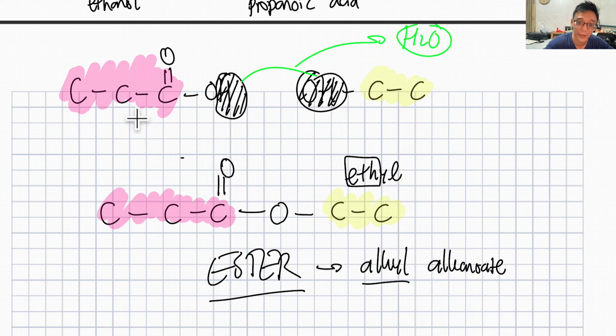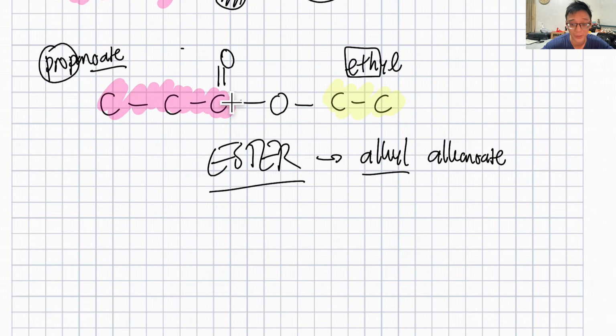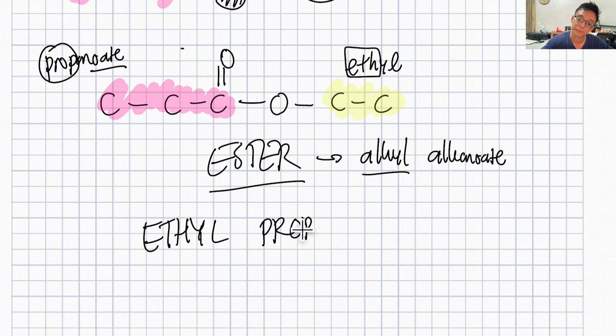Then the part where you fuse your carboxylic acid, we call it alkanoate. In this case, because it contains 3 carbon, it's called propanoate. Prop because it's 3, oate because it's coming from a carboxylic acid. So together, it's called ethyl propanoate.